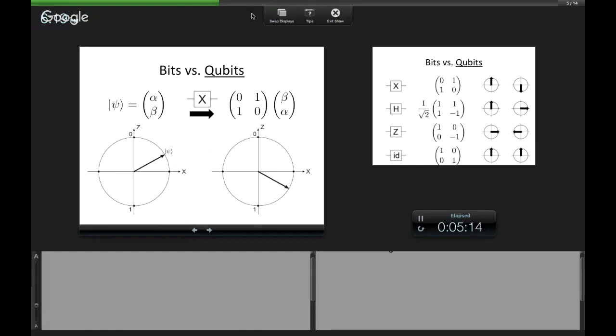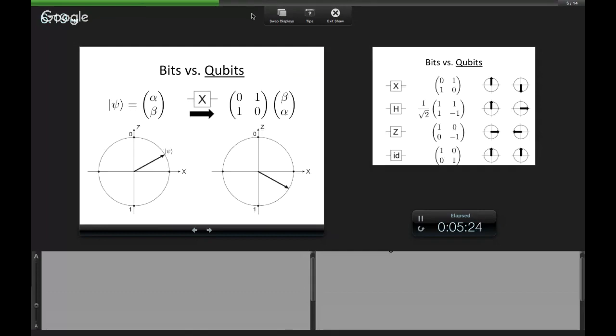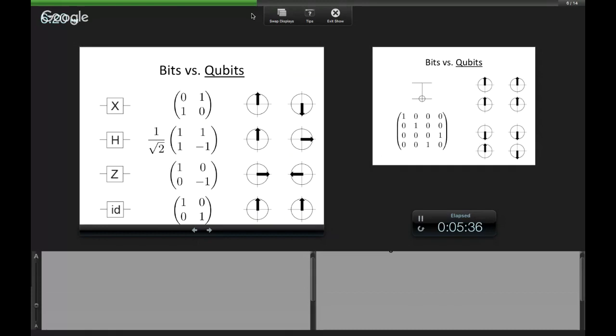Okay. Now it turns out we can't do a straight NOT gate like we can do on our laptops, but we can just flip the vector about any of the axes that we want. So those are some of the operations that we'll do, is just taking the vector to different parts of the circle. So like I said, we have the X gate, and this will be represented by a matrix that looks like that.